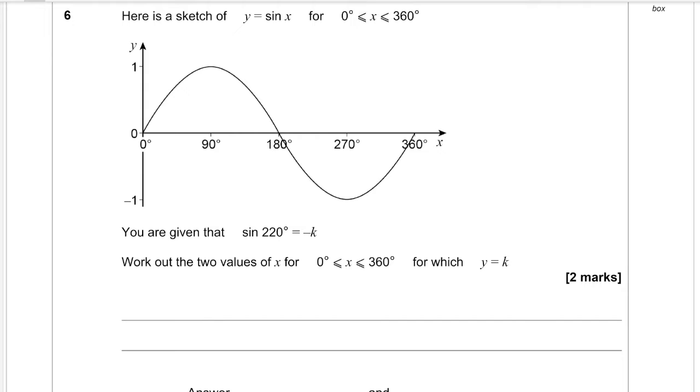Here we have a sine graph, and we're given that sine of 220 is equal to minus k. So that means that at 220, which is roughly there, if I draw a line down and then a line across, this value here is minus k.